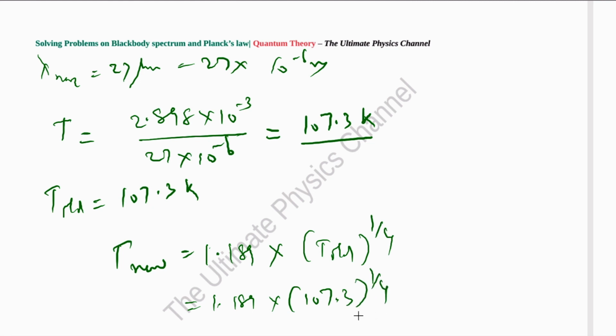If this is worked out, we would get 127.6 Kelvin for T new. So that's the answer we need. Let's move to the next one.